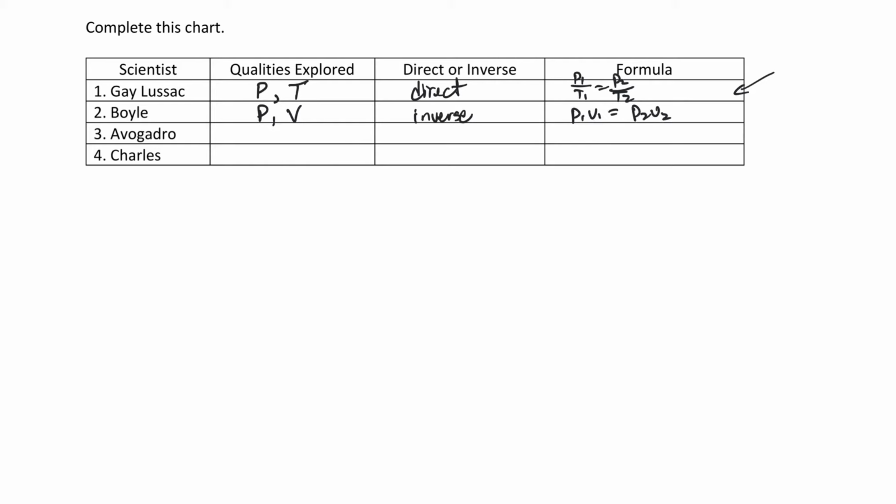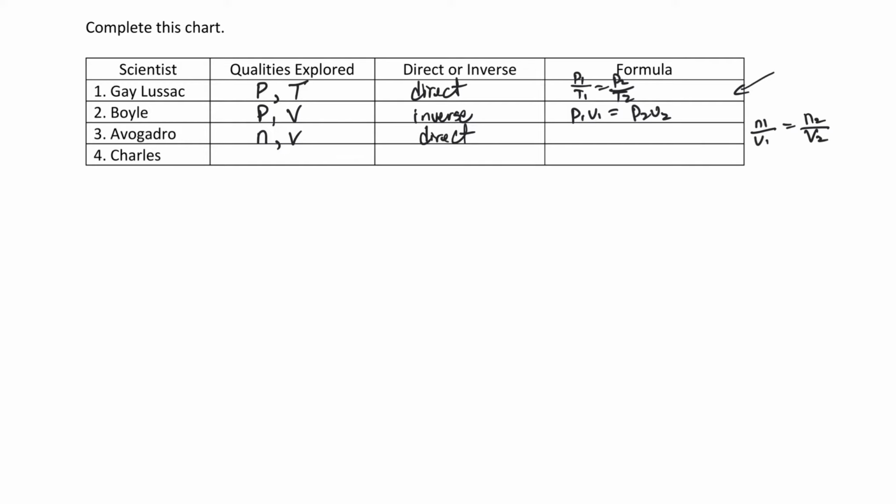Avogadro sounds like a vampire, so make a vampire. So he related moles, which I guess our symbol is N, not M, but moles and volume. Found it was a direct relationship. As the moles go up, the volume goes up as well. So the formula for him would be N1 over V1 equals N2 over V2.